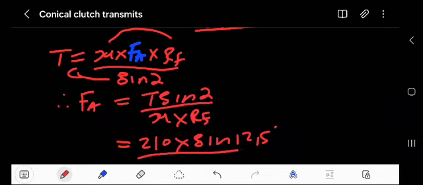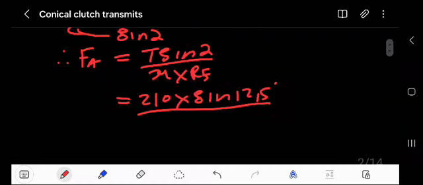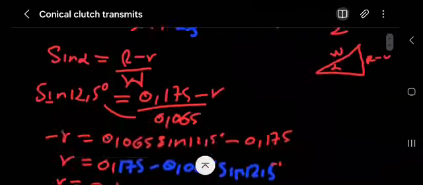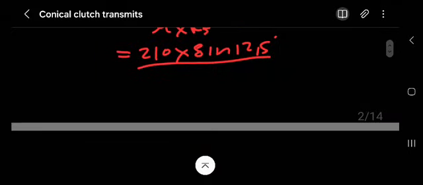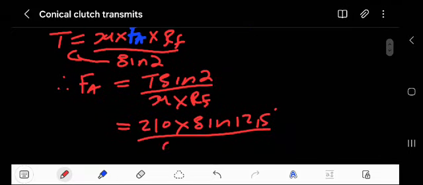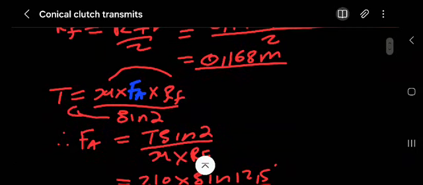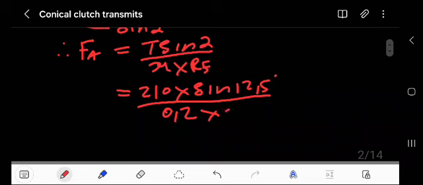So you can substitute the torque where it was given: 210 multiplied by sine of the angle, 12.5. Then the coefficient of friction is 0.2, multiplied by RF, which we've just calculated, 0.168.